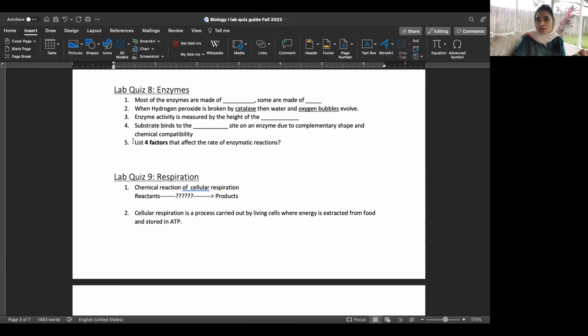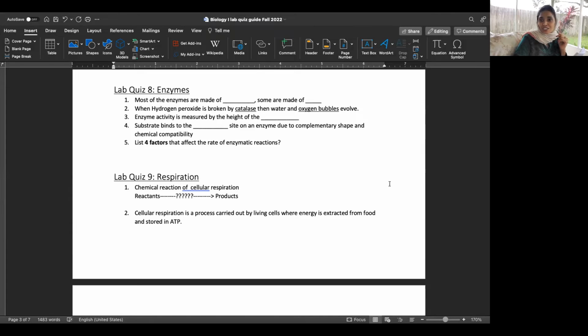Quickly raise your hand, one of you. Virtual hand, not physical hand, virtual hand down there. Give me the 4 factors that affect the rate of enzymatic reaction. Raise a virtual hand down there.